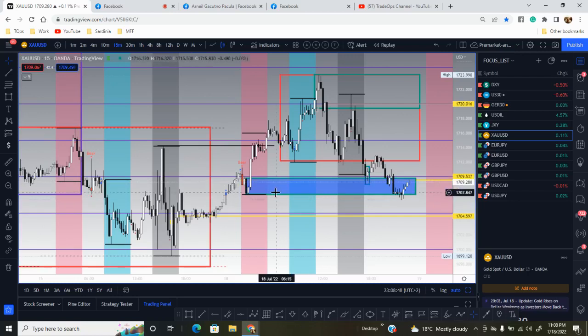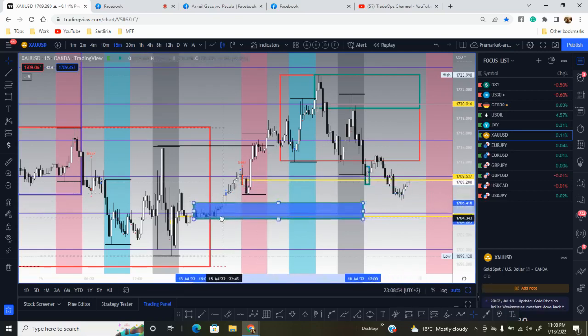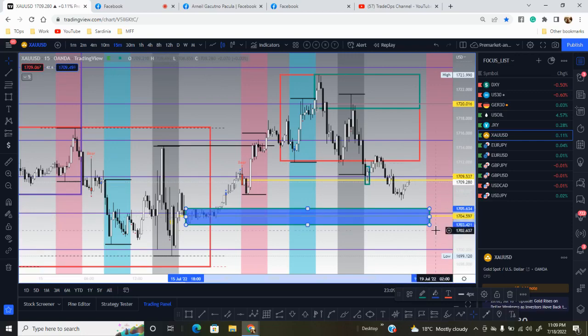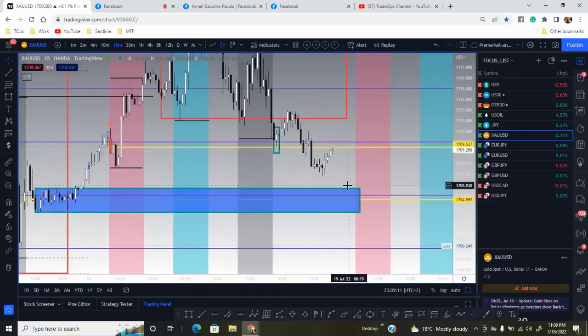So ano ba yung next na pwede niyang i-retest? So I think ito is a very significant one kasi ito yung consolidation bago nag-rally upward. So pwedeng dito muna yung i-retest niya bago siya mag-pullback, bago siya mag-bounce.